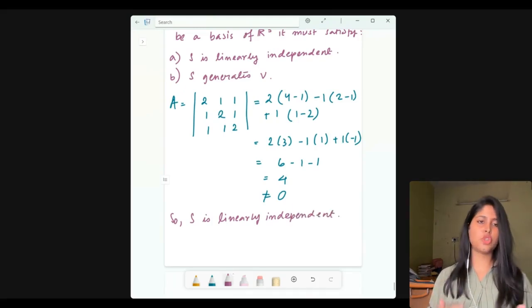Now, to prove this to be a basis of the vector space R3, how do we proceed?